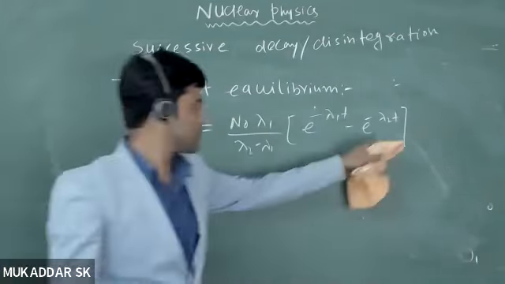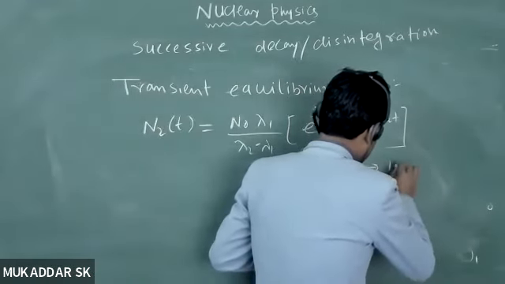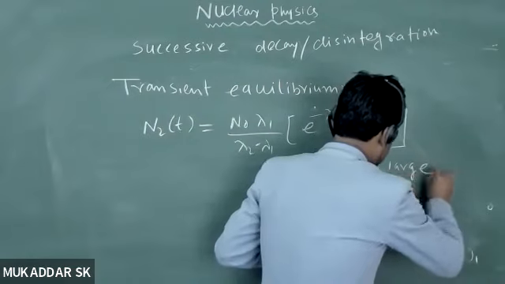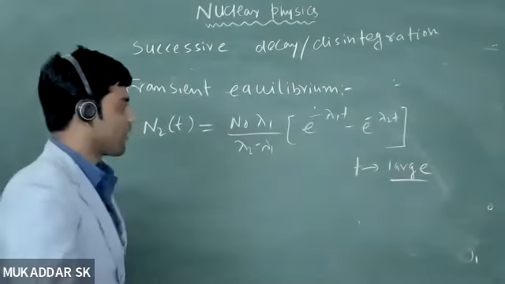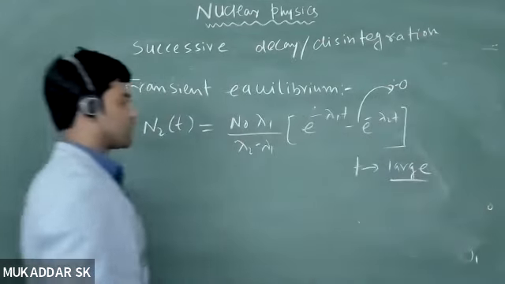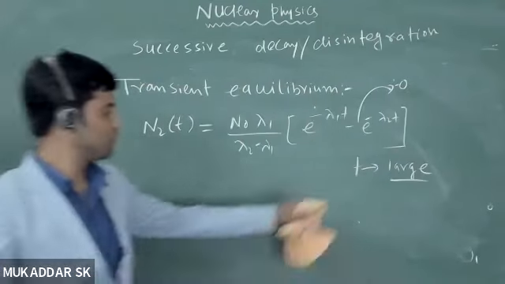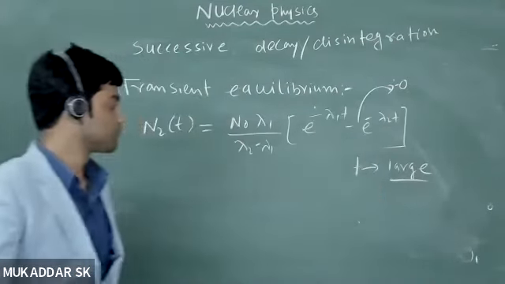Now we have lambda 2 greater than lambda 1, and if t is large, then this term, e to the power minus lambda 2 t, will vanish first. So for large t value, I can ignore this term.